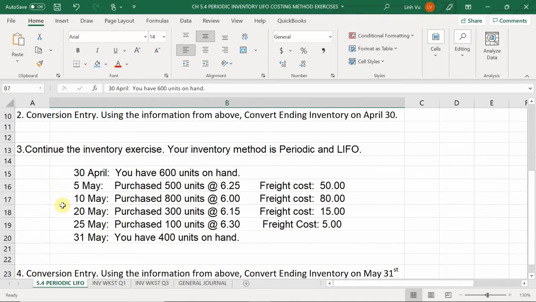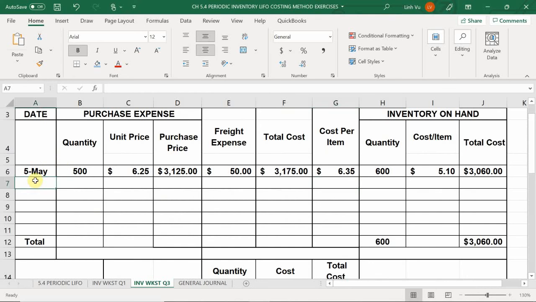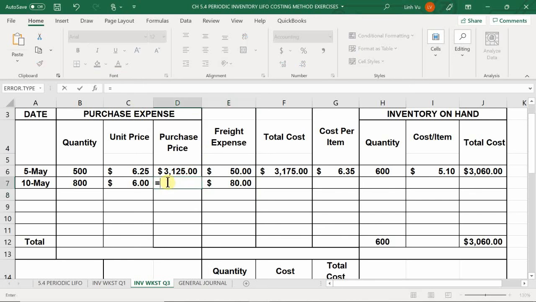All right. Let's see what happened on May 10. We end up purchasing 800 units at $6 with the freight costing 80. What I'm going to have you do here is plug it into the inventory worksheet and we'll copy everything into our journal afterwards. So what's my total purchase price here? 4,800, quantity times unit cost.